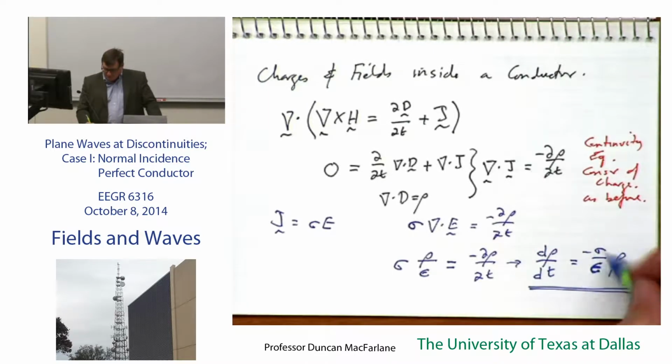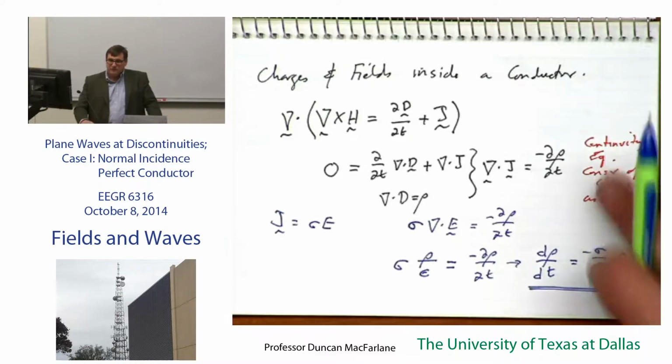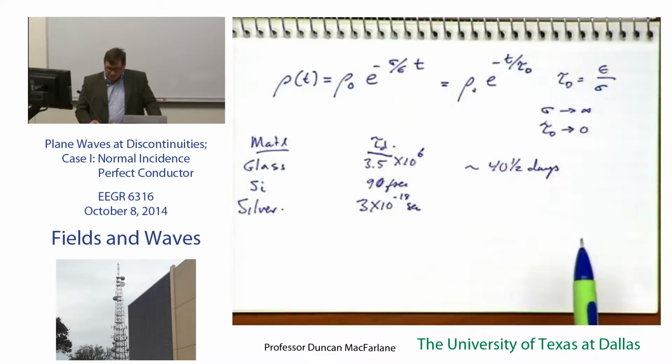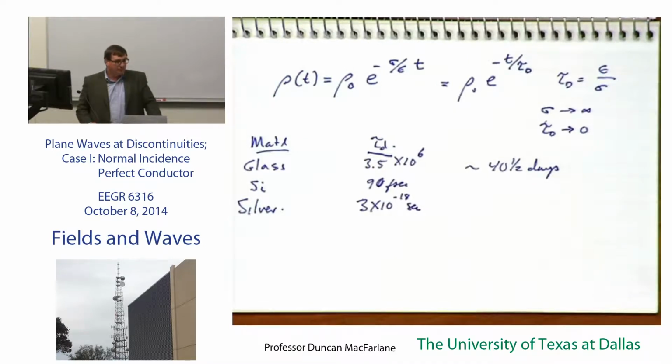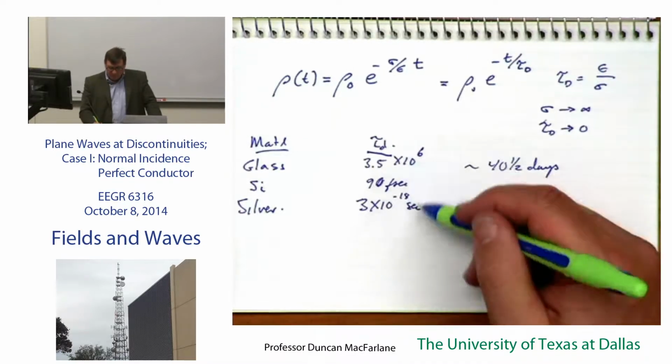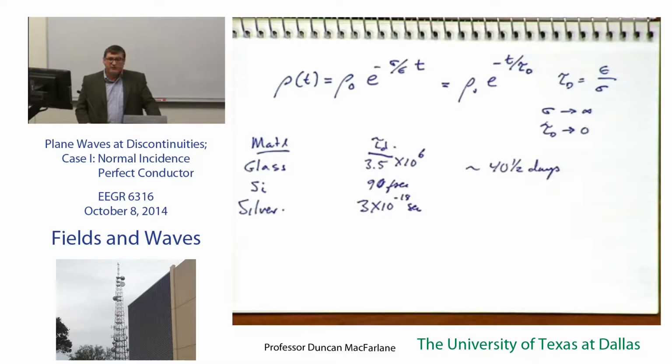There was a function where the time coefficient was epsilon over sigma, the Debye time. And so the solution for that was an exponential decay with the remarkable spread in that time constant.